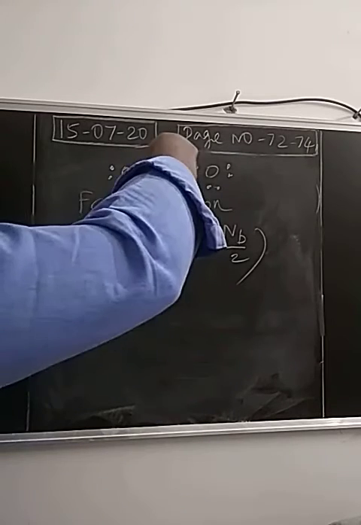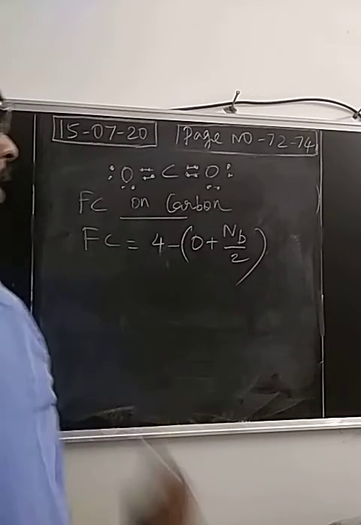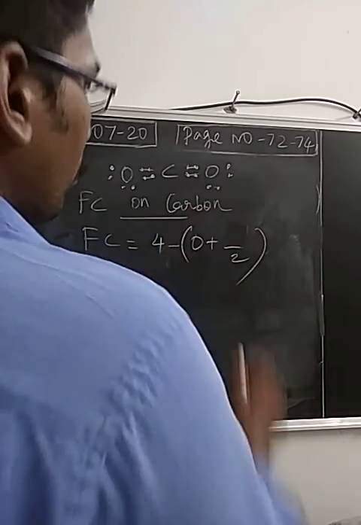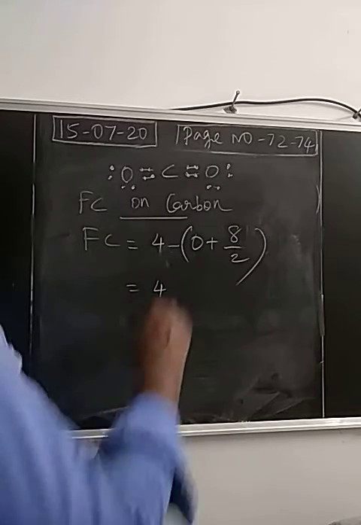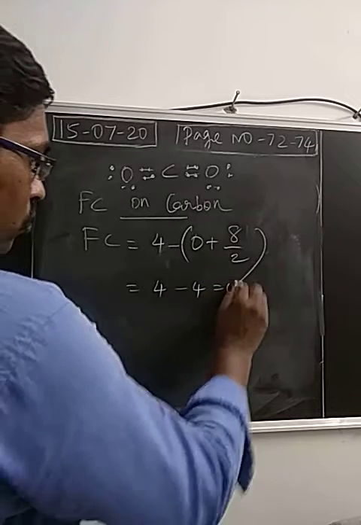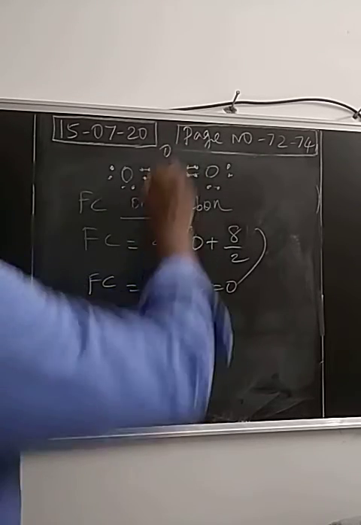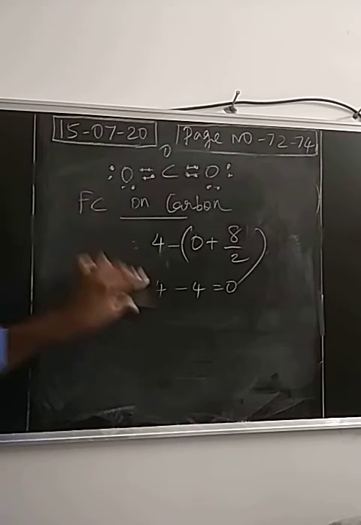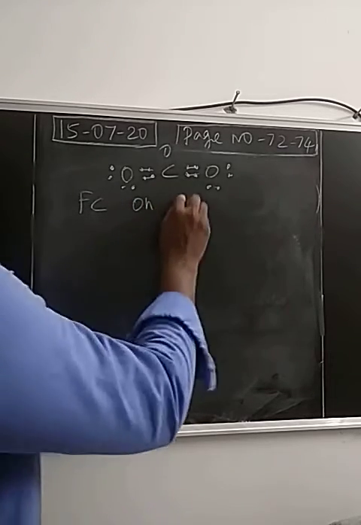So totally how many electrons are present in the form of bonded pairs? Totally 8 electrons. So 4 minus 4, 0. So the formal charge on carbon is 0. Next, formal charge on oxygen.